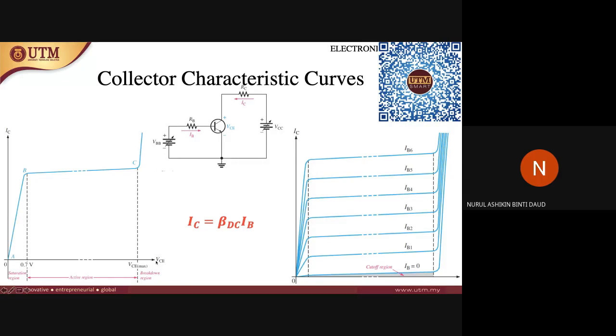When there is a change of VCE, the voltage at the collector-emitter, what will happen to the current at the collector? So this is the graph of the collector current when you change the value of the voltage VCE.